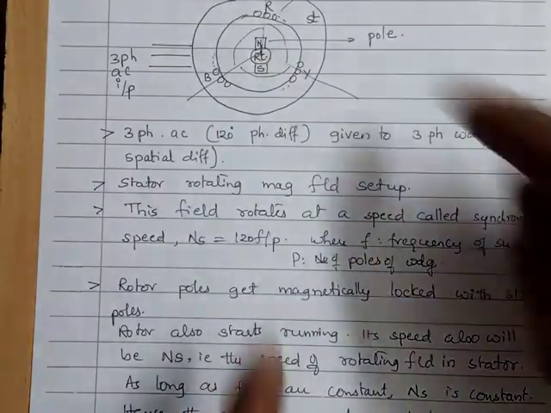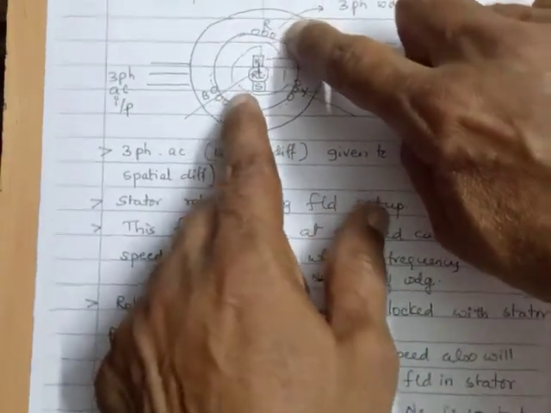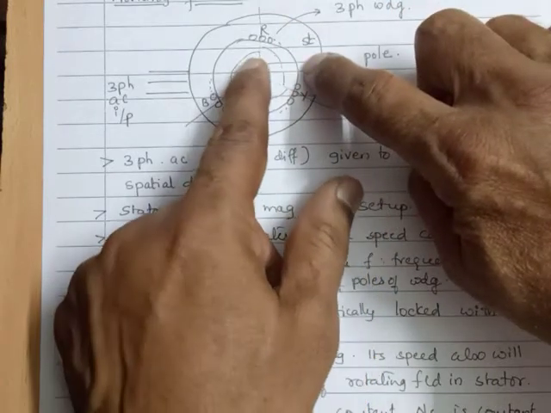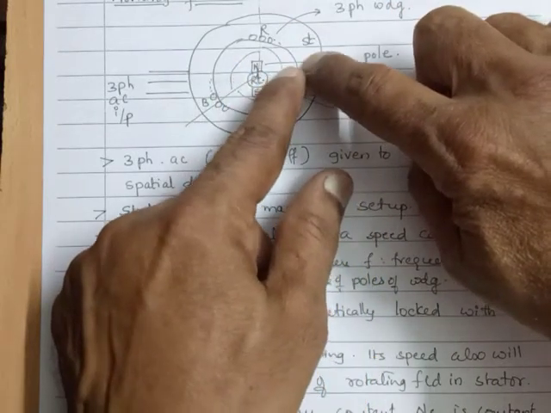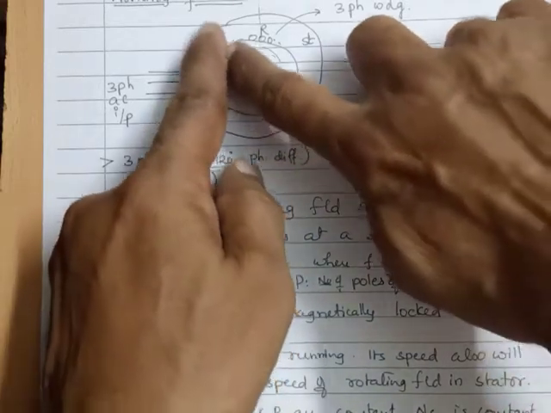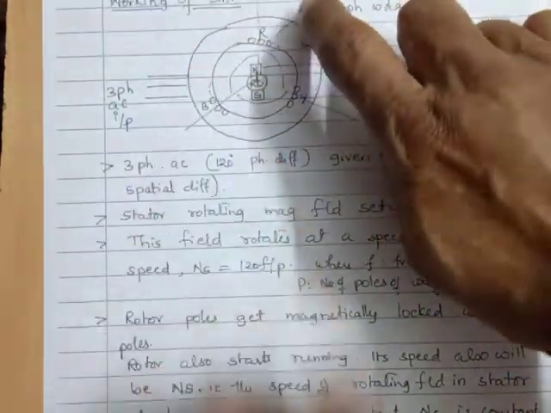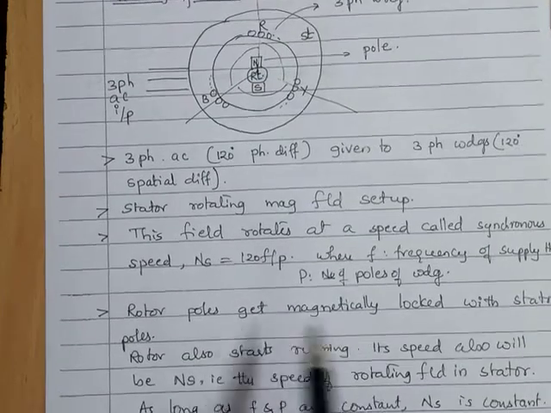It is something like this: the stator field is rotating, the rotor gets locked with it, and both together start moving hand in hand. That is the magnetic lock.